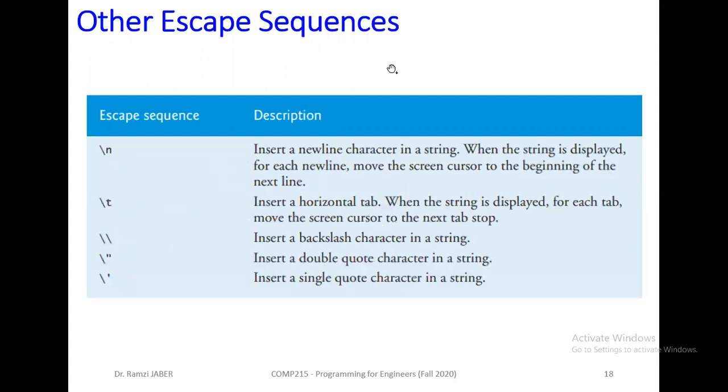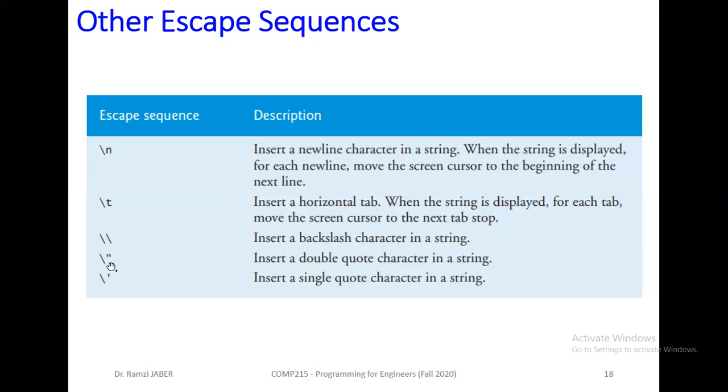Other escape sequences, like in C: if I want to insert a new line inside any statement, \n, similar to C. \t, tab, similar to C. Double backslash when I want to put a backslash character.